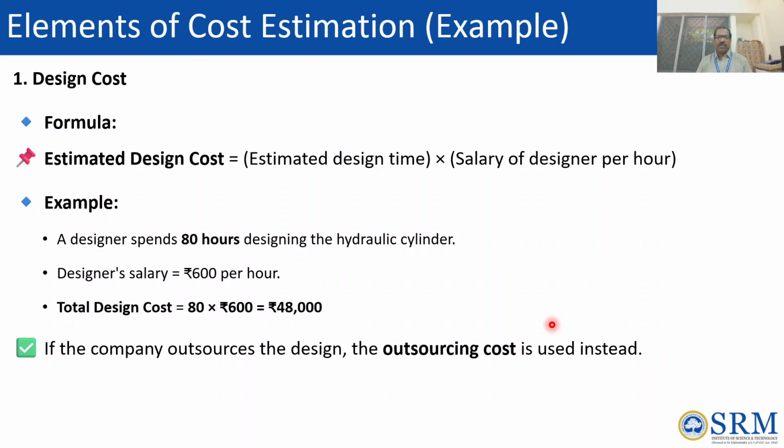He spends 80 hours for doing this particular hydraulic cylinder design. So for him, the designer salary per hour is fixed as 600 rupees. So total design cost would be 80 into 600. You will be having 48,000 for doing the design of this hydraulic cylinder.